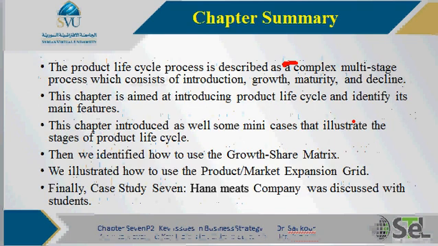I can say this is the end of chapter number 7, section number 2, because we divided it into two main sections. Just to conclude this session, we introduced the product life cycle process.